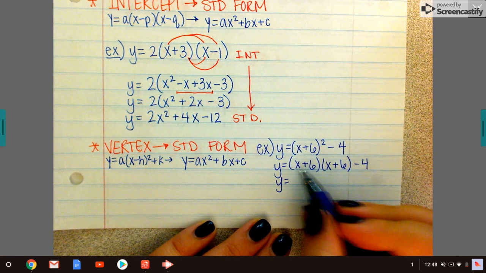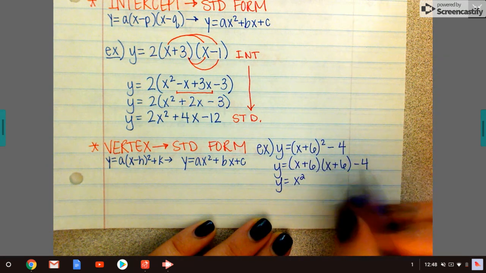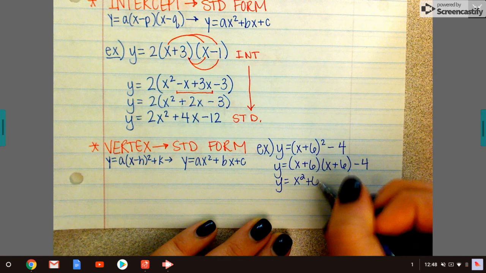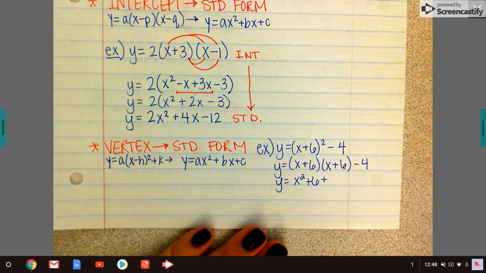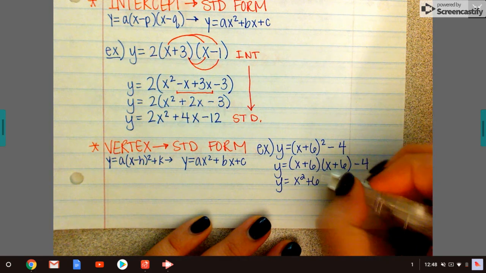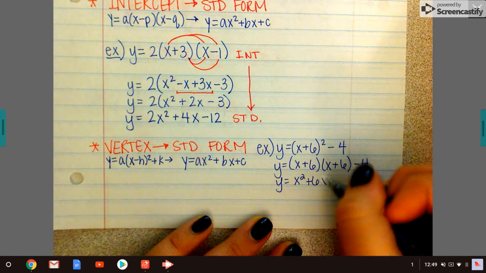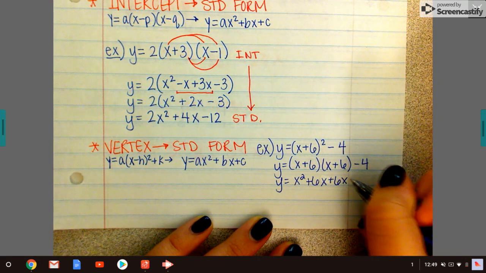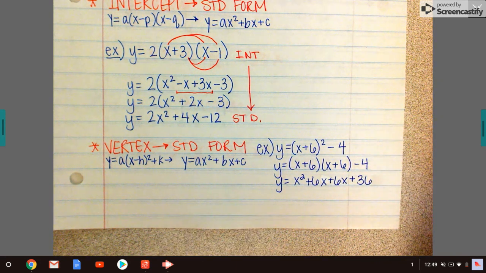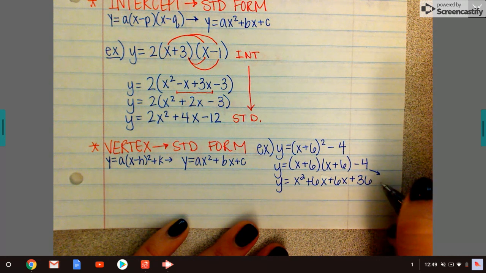So we've got first times the first is x squared, outside 6x, inside is also 6x. And then last gives us a 36, and then don't forget to drop down your -4.